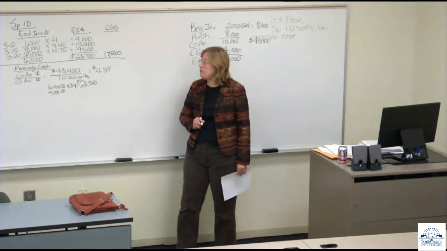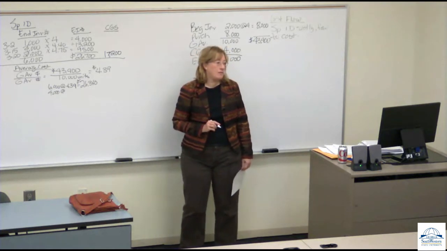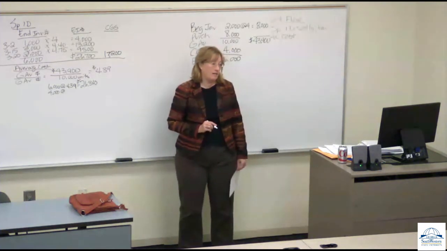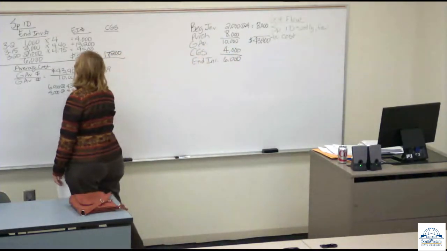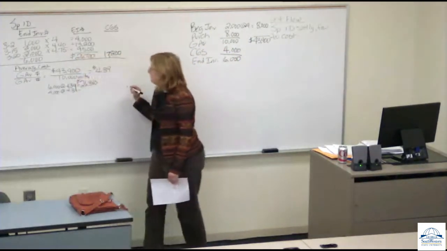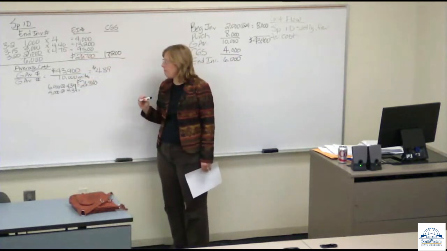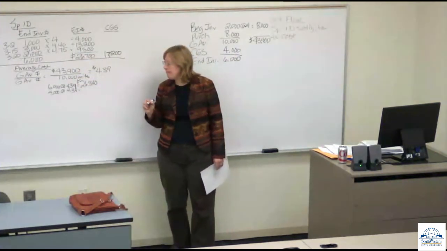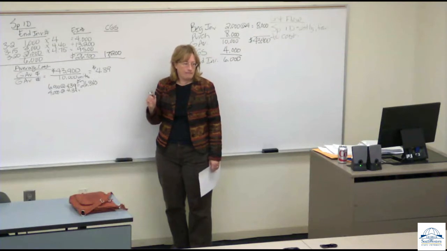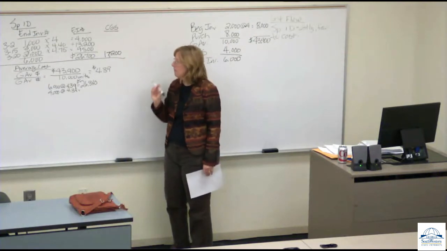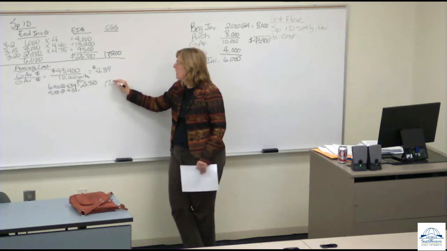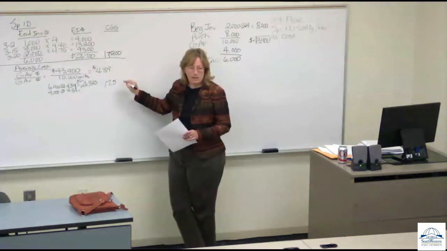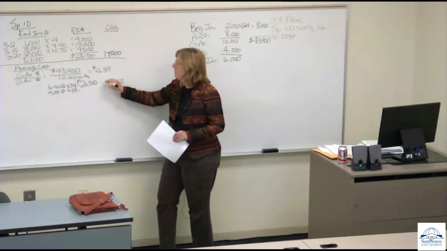So under the average cost, we use that average cost for everything. 4.39, which is a total of $17,560. Okay. All right.